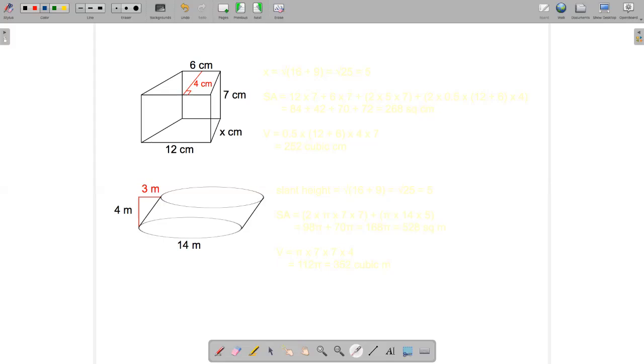If I was to extend the back of that trapezoid out this way and out this way, if I was to extend 3 centimeters both sides, then from here now out to here, that would be 12 centimeters, just like the front.